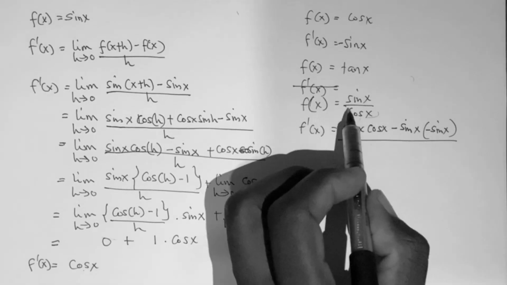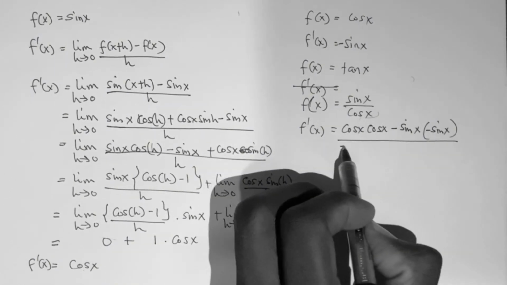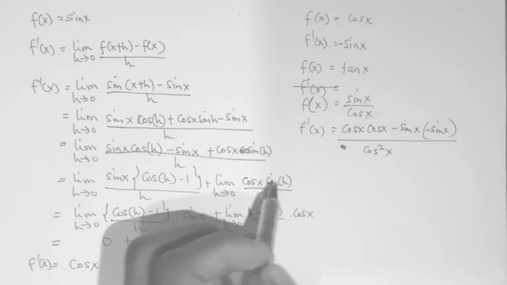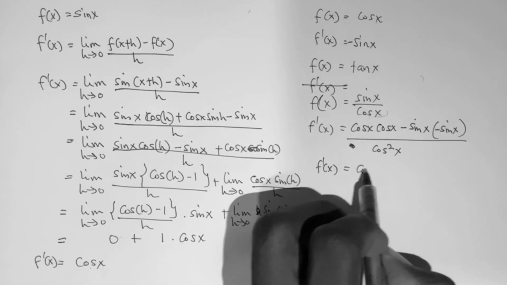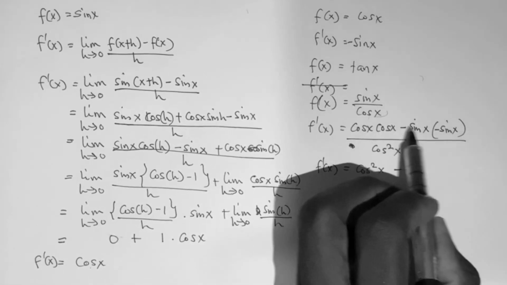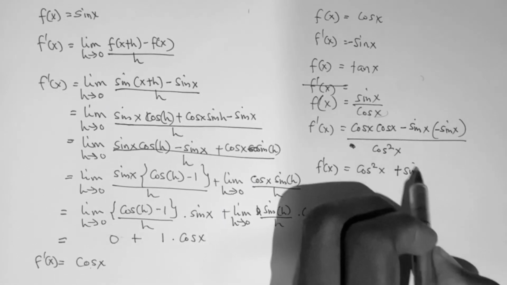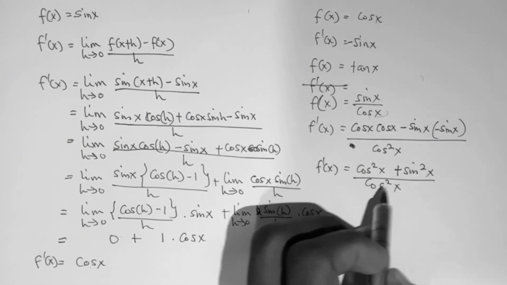Then you divide by the square of the denominator, which becomes cos squared x. So f prime of x is equal to, this becomes cos squared x, then minus sine x becomes plus sine squared x, divided by cos squared x.